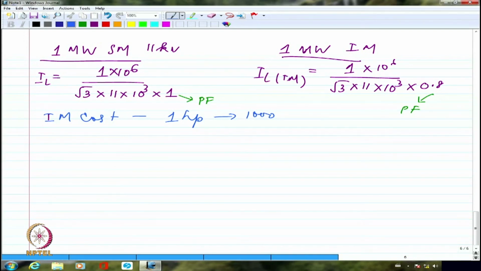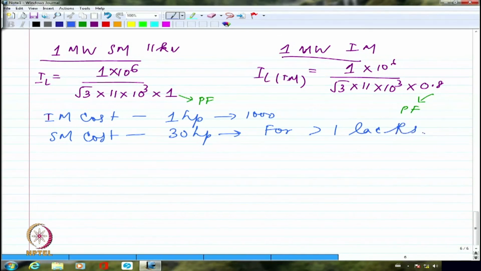Whereas for a synchronous machine, if I'm talking about a 30 HP synchronous motor, it will be greater than about 1.2 lakhs or 1.25 lakhs. So it is going to be really expensive. A 30 HP synchronous machine, I'm going to get only for more than 1 lakh rupees. So it is very costly compared to the induction machine.